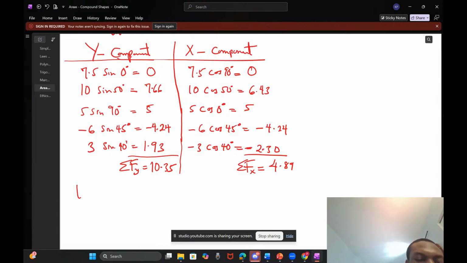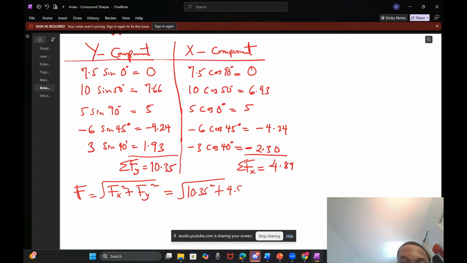So to get the resultant force, so that will be equals the square root of 10.35 squared plus 4.89 squared, right? 10.35 squared plus 4.89 squared.